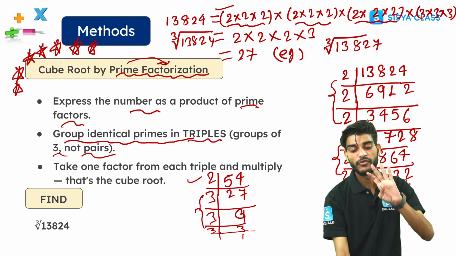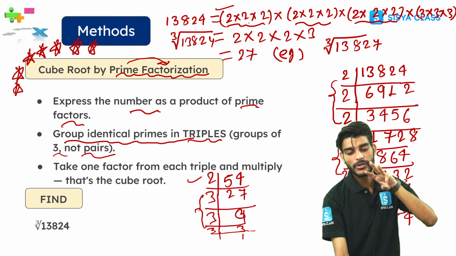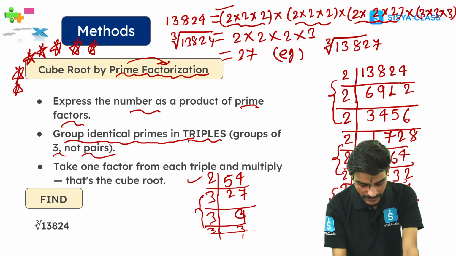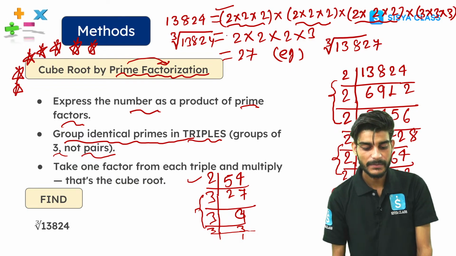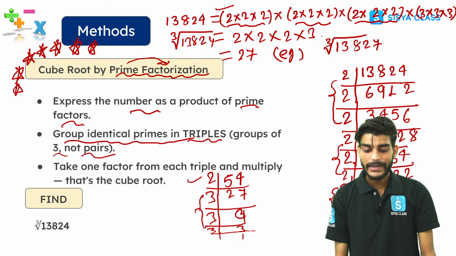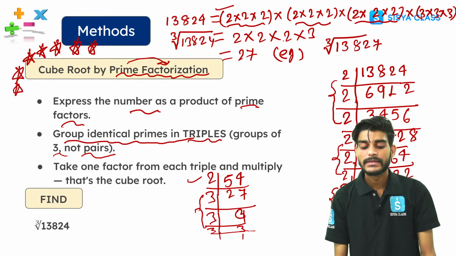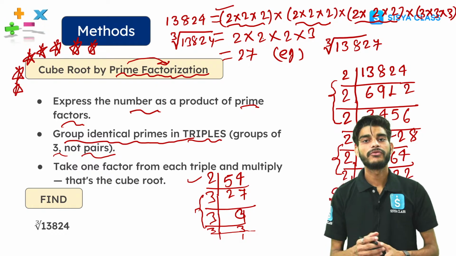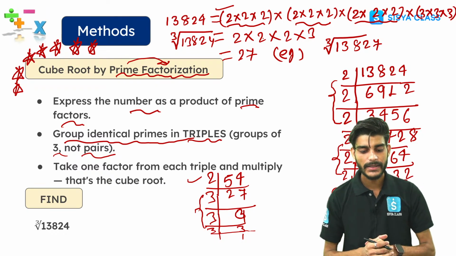Here we can form 4 triples, like 3 of 2 and 1 of 3. Now if you have to find the cube roots, just take one number from the triples. So 2 into 2 into 2 into 3, so this is 27. These are the steps that you have to follow every time if you have to find the cube roots.